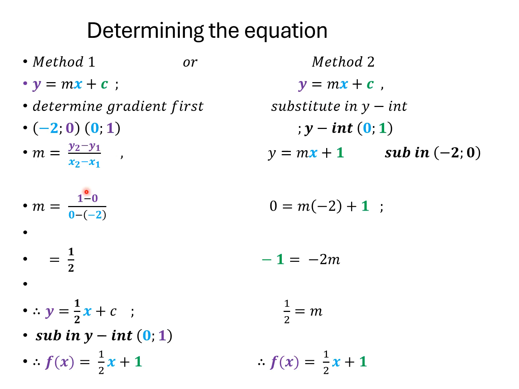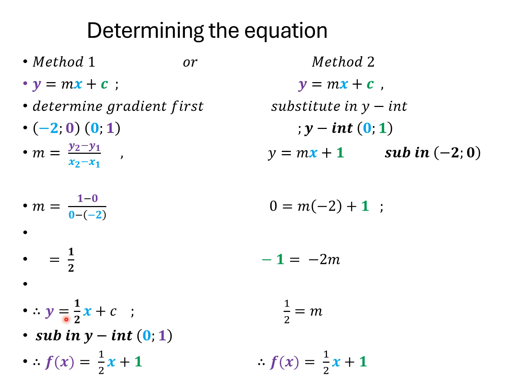See there, I've put 1 minus 0, so therefore 1 goes with 0, so there at the bottom we start with 0 minus (-2). Please note that negative is already there, so the negative 2 there I've put in a bracket. So I have 1 - 0 and 0 - (-2). That gives me 1 on top, negative times negative is positive 2, so my gradient is a half.